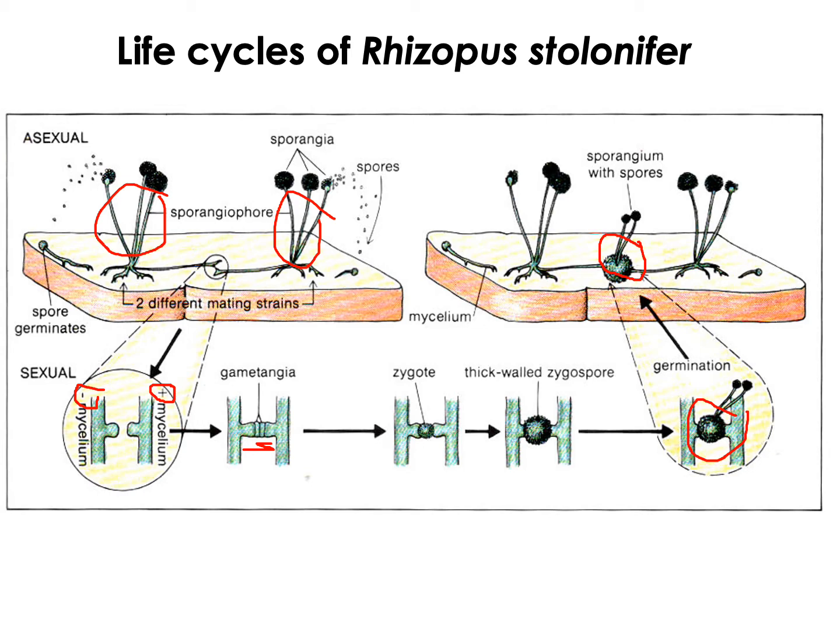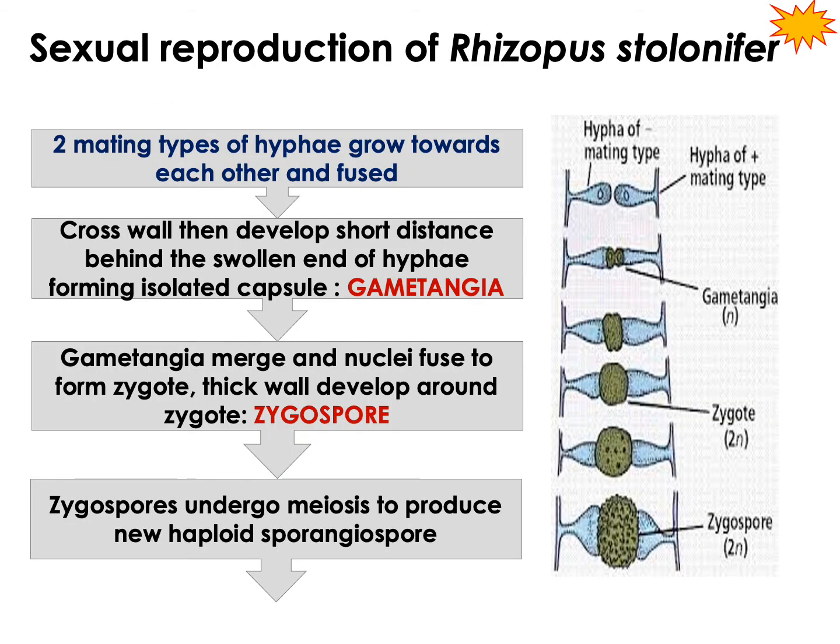But let's go into detail on this. There are two mating types of hyphae that grow towards each other, this part, and then they fuse. Like I mentioned earlier, there is a plus type and a minus type. Then cross walls develop a short distance behind the swollen ends of the hyphae, forming isolated capsules called gametangia.